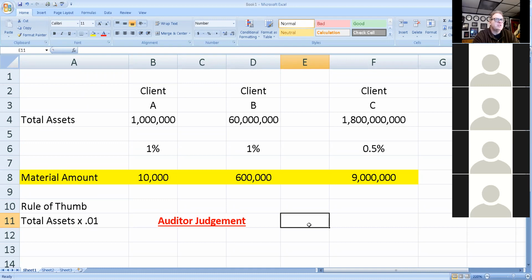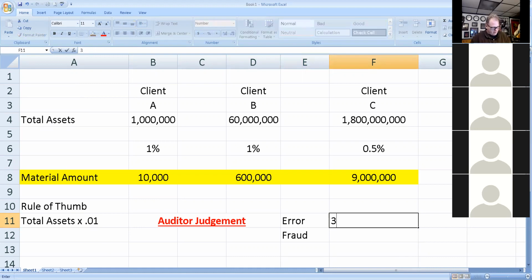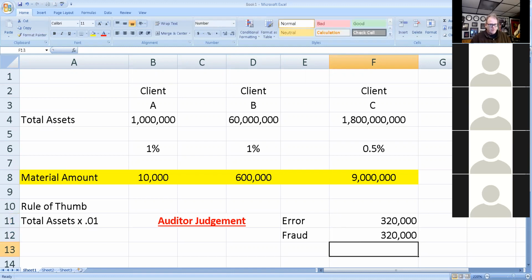For instance, which is more serious, an error or fraud? So let's say that you're auditing this company and you find a $320,000 error, or you find a $320,000 fraud.